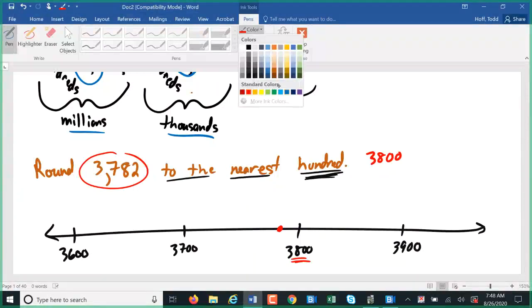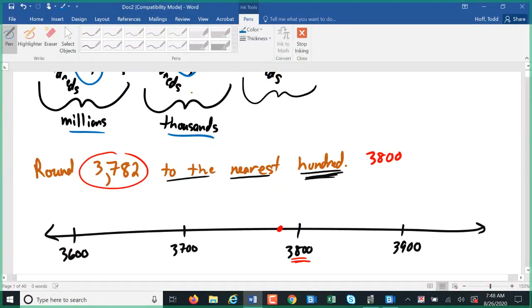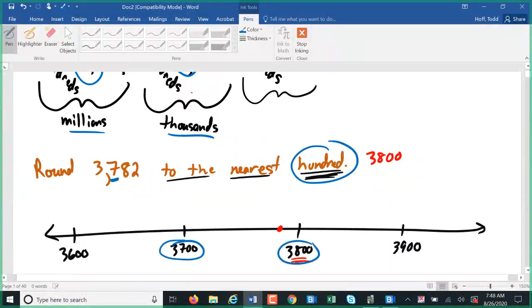Now, obviously, you don't want to draw out a number line every time you round, so we've learned shortcuts. First, the nearest 100, you identify the hundreds place. That's the 7. That's the digit in the hundreds place. But what that's telling us is that this number is between 3,700 and 3,800 on the number line.